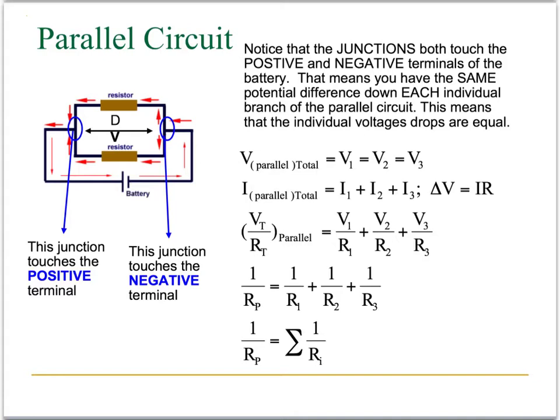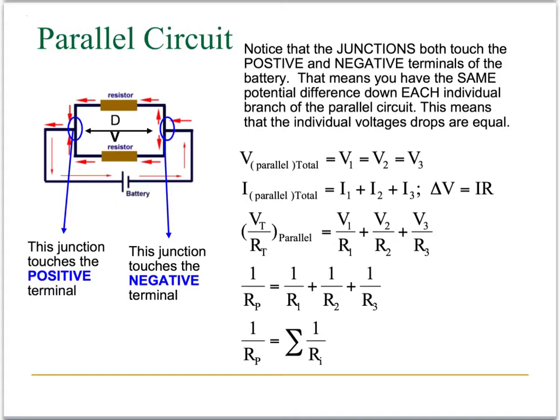Okay. If we combine the idea that the voltage is equal with the total for the currents using Ohm's law, which says voltage equals current times resistance, and then solve for current, we get 1 over the total resistance is equal to 1 over the resistance of light bulb 1 plus 1 over the resistance of light bulb 2 plus 1 over the resistance of light bulb 3.